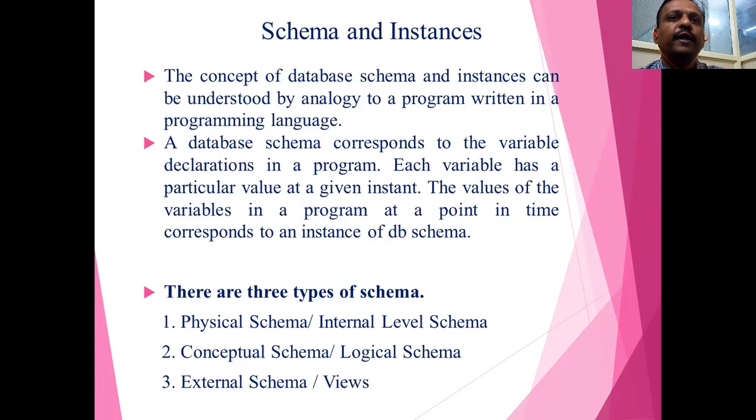The value of the variables in a program at a point in time corresponds to an instance of a database schema. So there is a big relation between schema and instance. Each variable declared is a part of a schema.